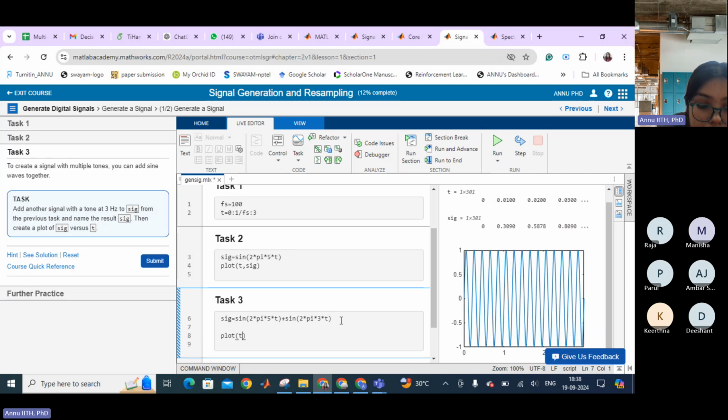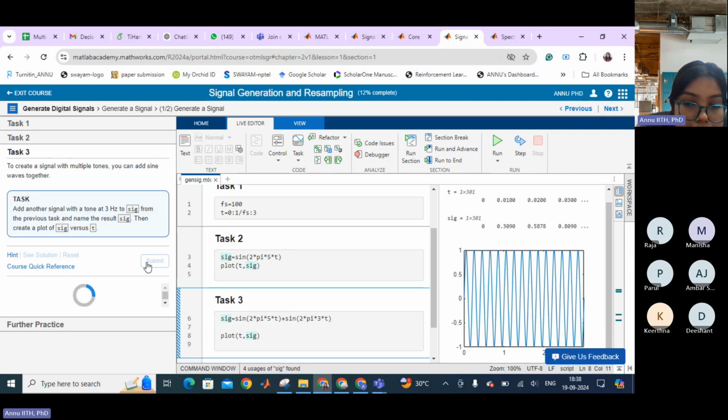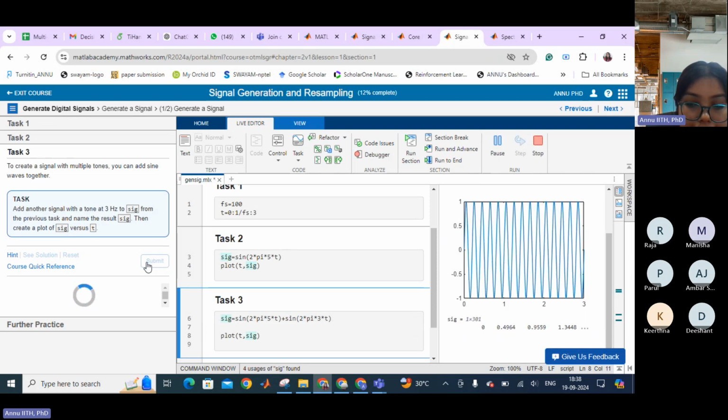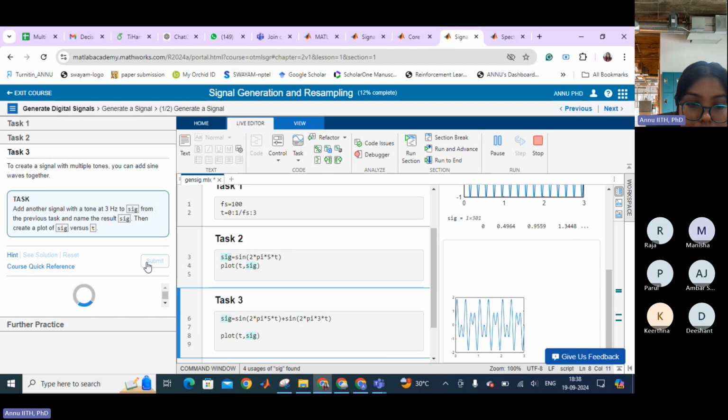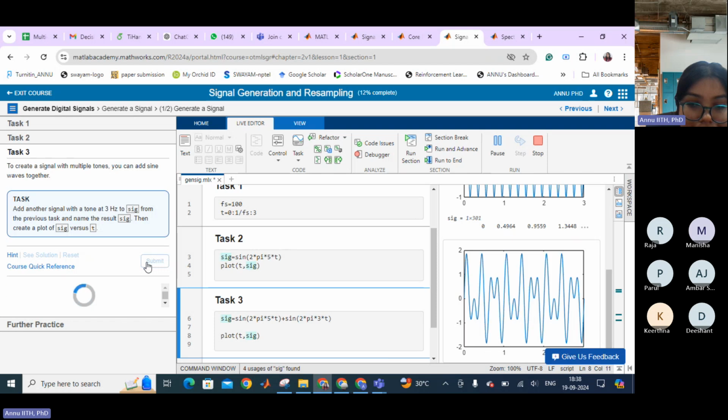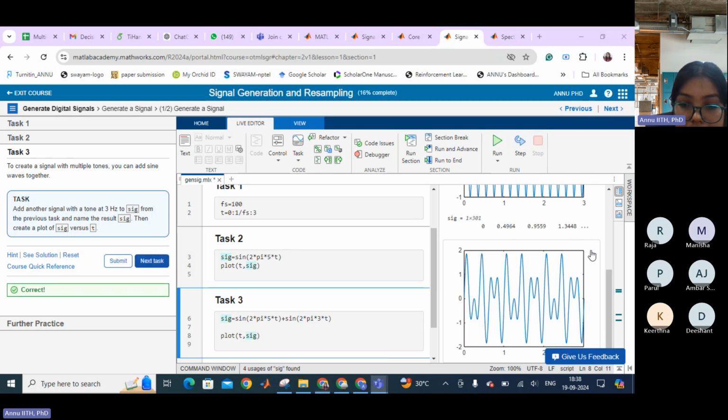Plot sig. So you can see how the multi-tone differs. Oh, nice.